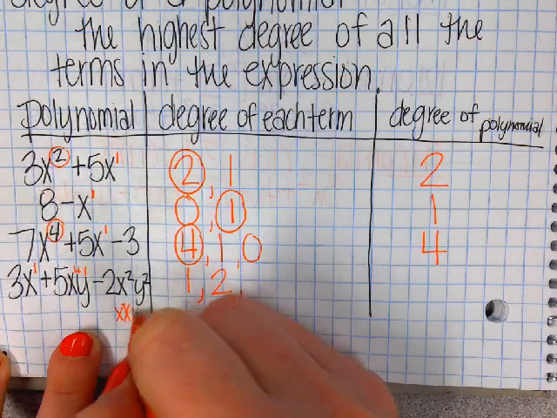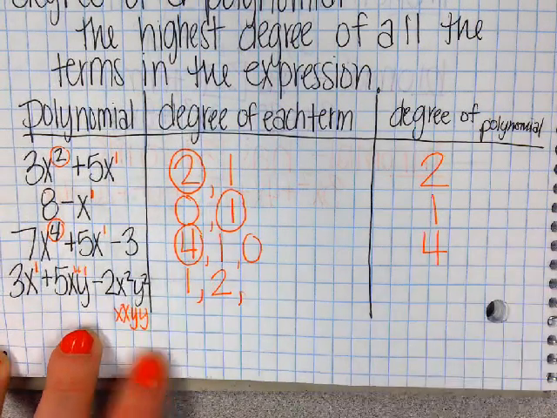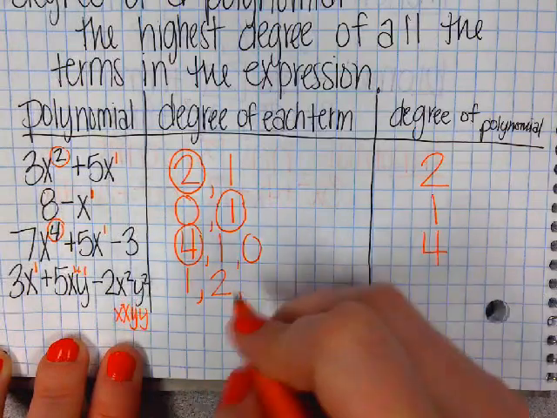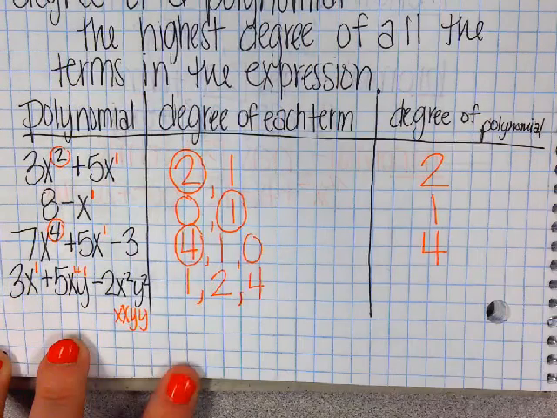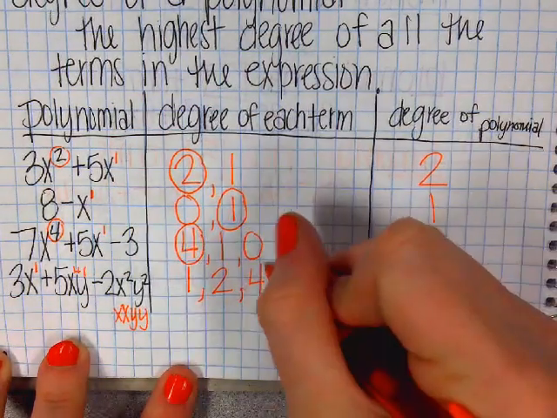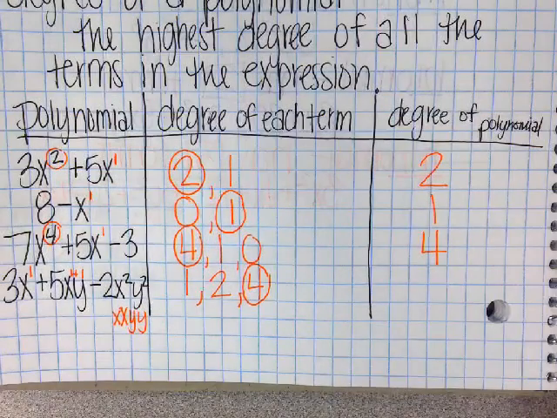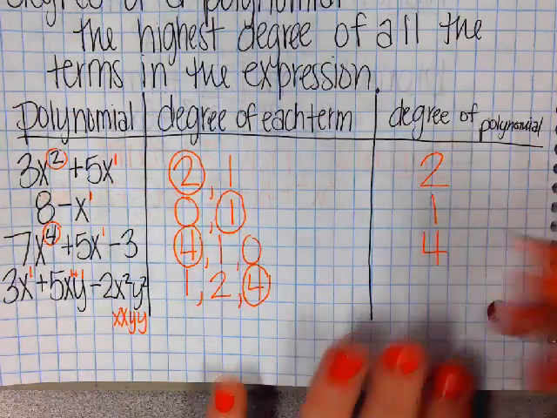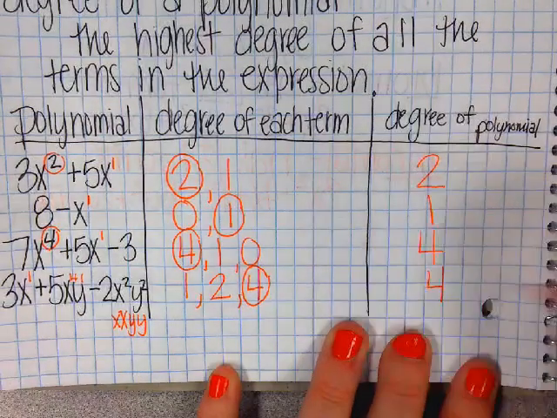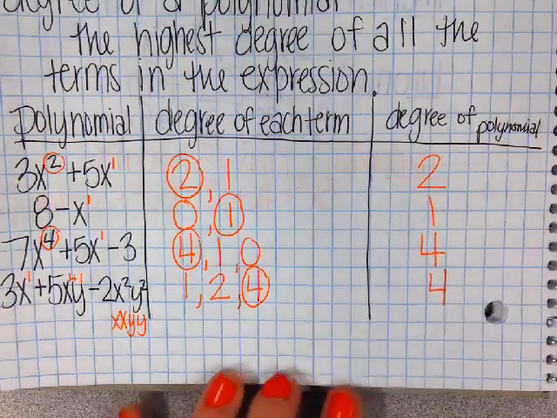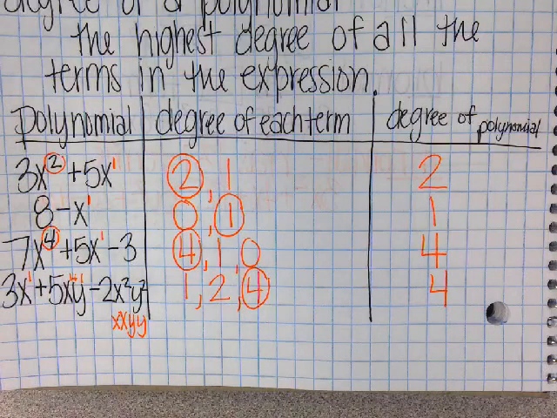And then this last one, we have x squared, so x times x, y times y. So you have 2 plus 2 is 4. So the degree would be 4.